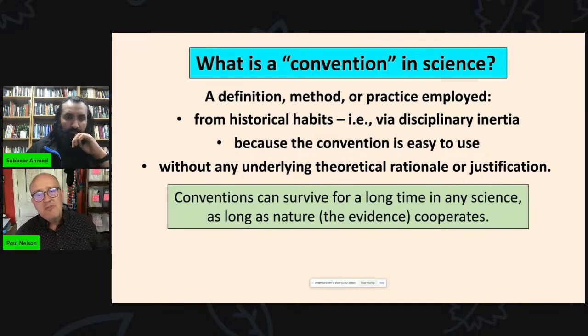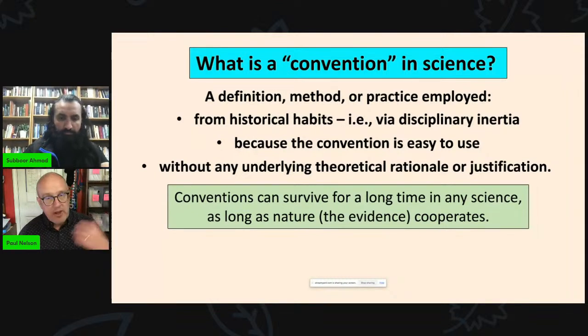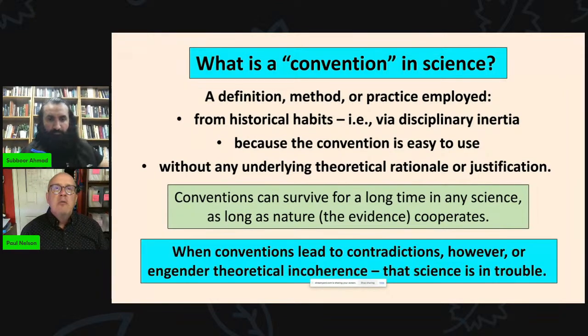Now, conventions can survive for a long time, as long as nature, if I can personify her, as long as the evidence corroborates. Often, as we see now, today, in genomics, comparative genomics, and evolutionary theory, there's an ocean of data that nobody expected, and many of the conventions, in particular the ones that animate BLAST or that give BLAST its form as a tool or practice, those conventions are bumping up against anomalous data.